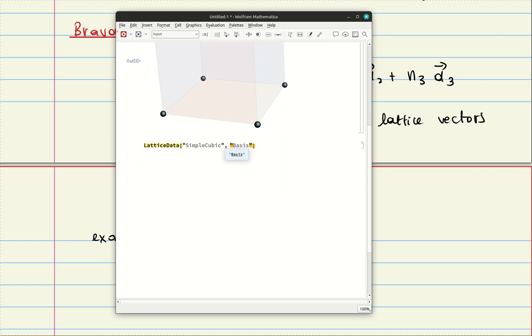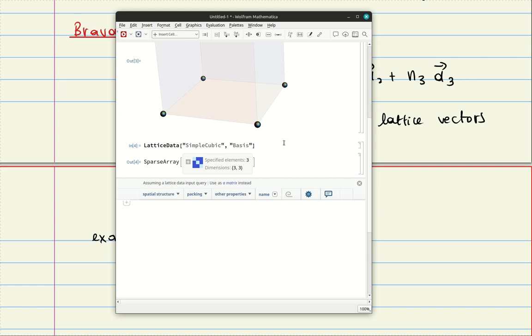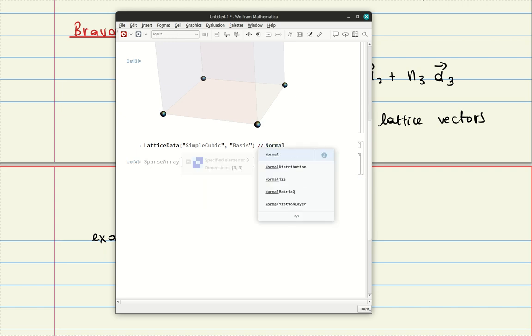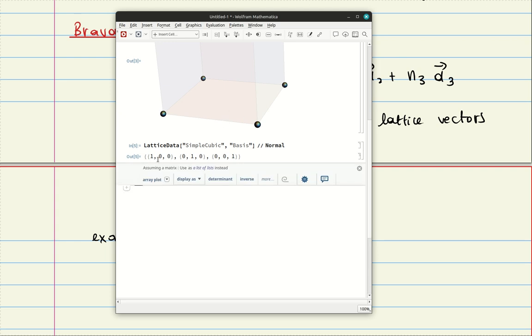Here's the basis. You need to normalize it. This is a sparse matrix. We can take the normal, right? This is a unit vector in the x direction, y direction, and z direction. Simple stuff.